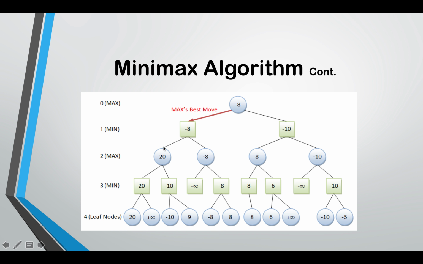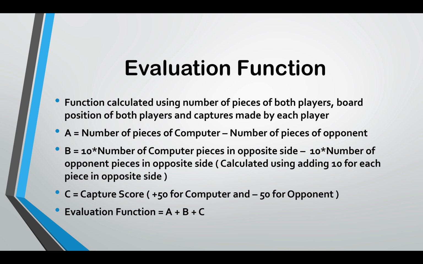Like here min has chosen -8, and here it has taken -10. So max chooses -8. It tries to go along the path, assuming that the opponent is going to play its best. In this way the Minimax algorithm selects its next move.